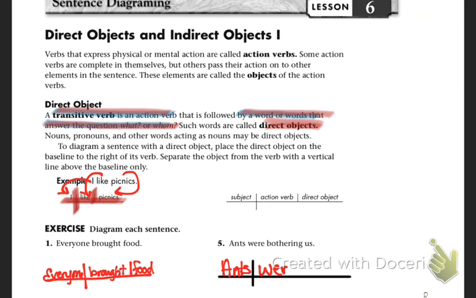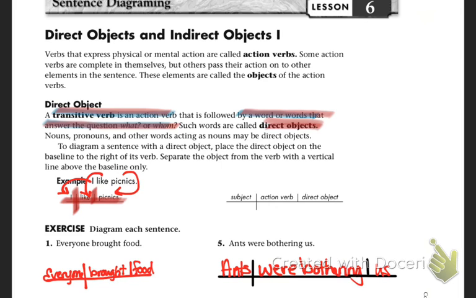And I do it together because were is a helping verb, right? We're bothering. Okay, now I need to stretch that baseline out here. We're bothering who or what? Means I need to put my direct object line in there, right? My who or what line?